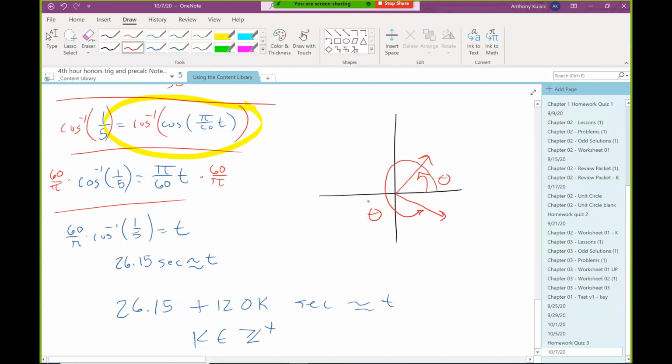So this angle here and this angle with respect to the x-axis are the same measurement. Everybody agree with that? You remember that from chapter 2? That was one of our key observations that allowed us to translate between the right triangle definition and the angle of rotation definition.